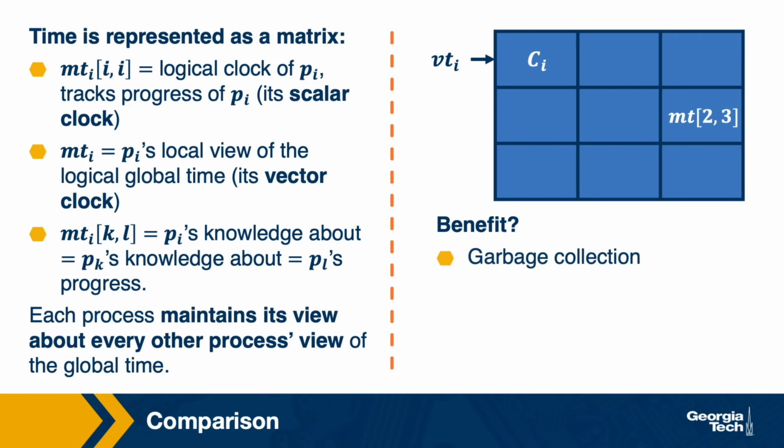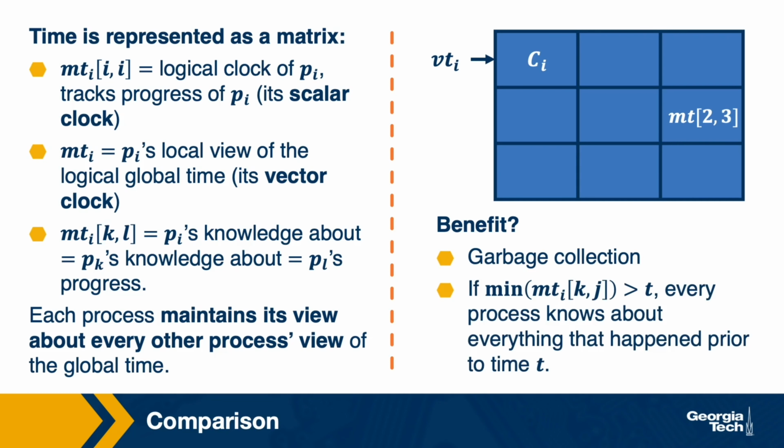Garbage collection is important. We don't want to keep state at a node just because we think someone somewhere in the system might still be using it. In a distributed system, because some nodes may be lagging behind others, it is quite possible, even though the state is released and intended to be deleted at one node, for some other node in the system to still need to reach that point of the execution.